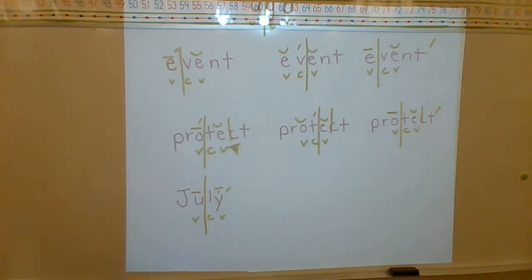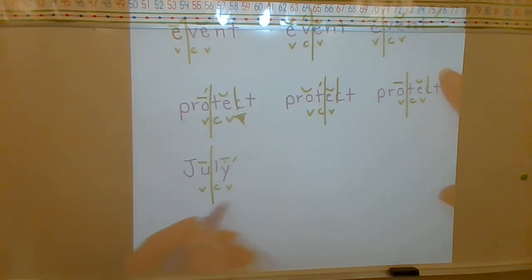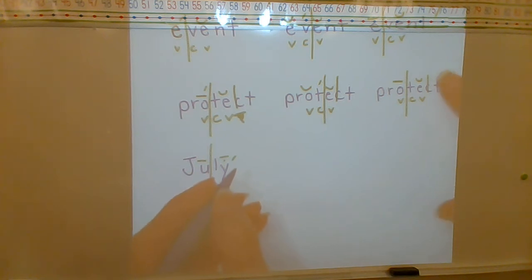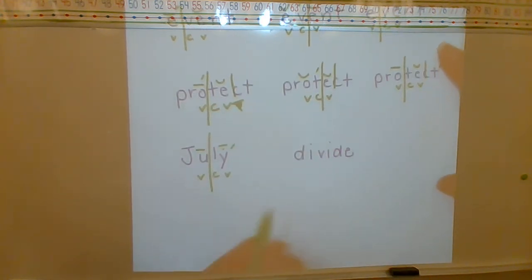But I wonder what is going to happen. We have one more vowel to look at. Let's try our friend I. Let's look at this word. All right, let's say it.